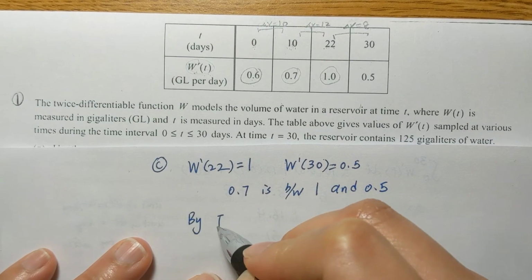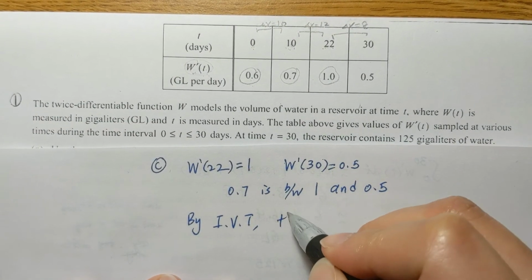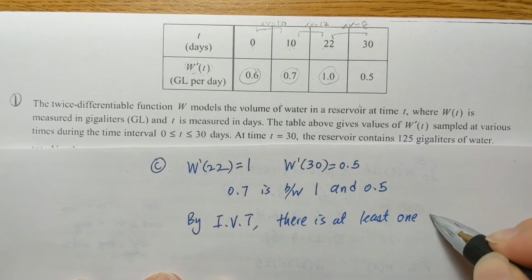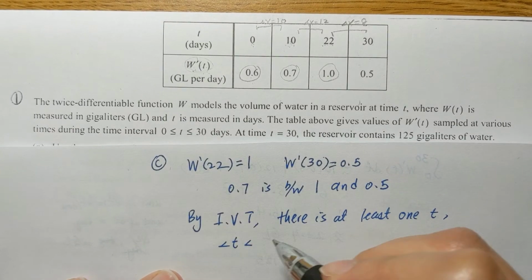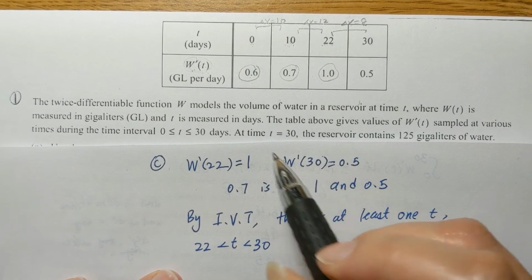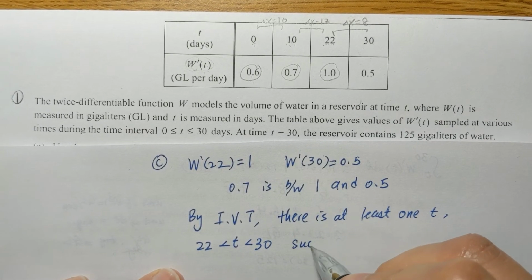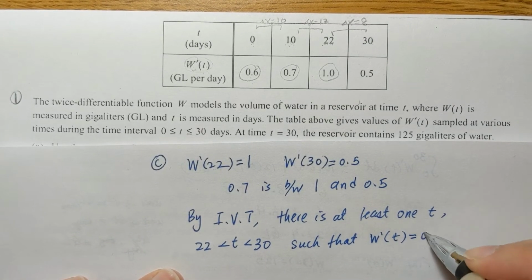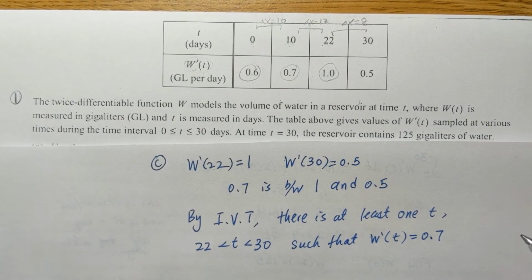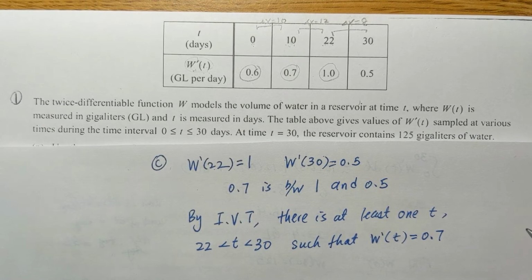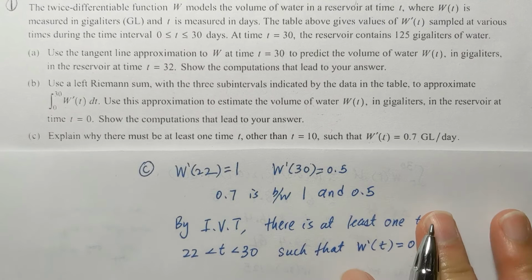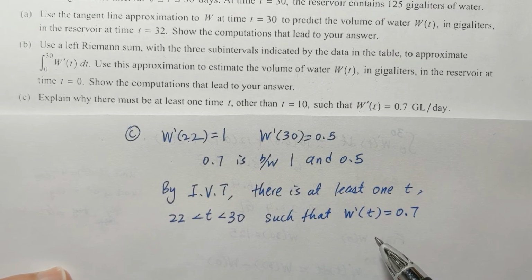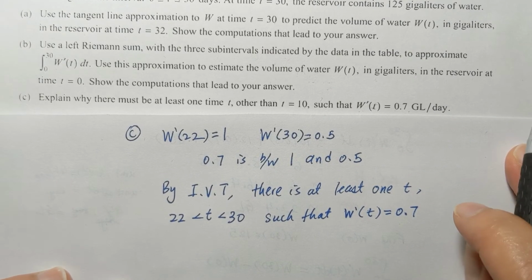So by the intermediate value theorem, there is at least one t, and t is between 22 and 30, such that W prime of t equals 0.7. So we finished part C. We found the theorem, and we proved it in the interval 22 to 30. There will be at least one time W prime of t will pass 0.7.